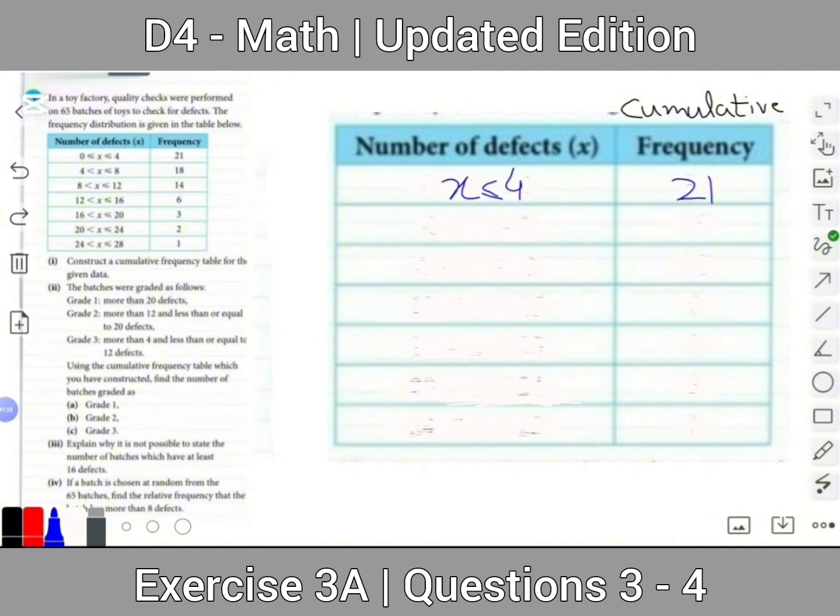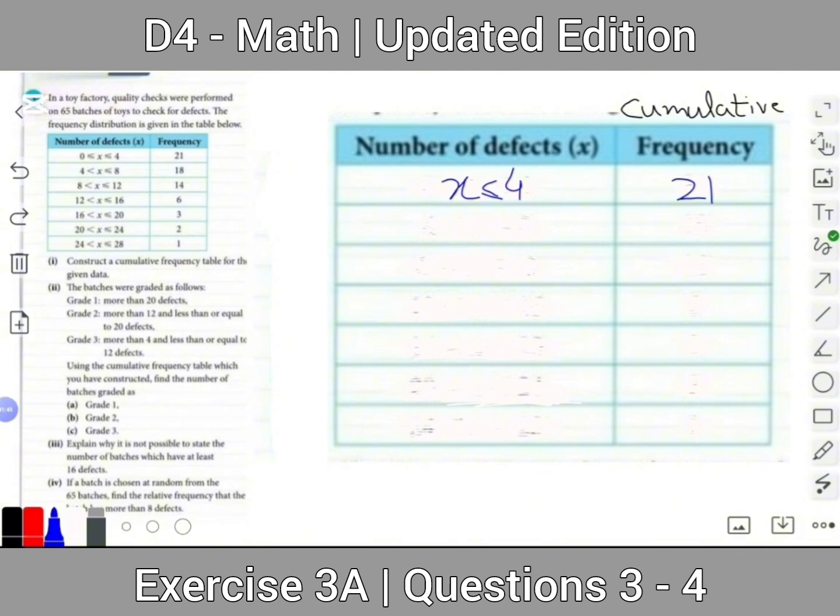But because this frequency is cumulative, we are going to include all of the previous frequencies as well. This means we want to include all of the defective toys from the first class interval and all of the defective toys from the second class interval. If we are going to get all of those defective toys, then we need the number of defective toys from 0 to 8.